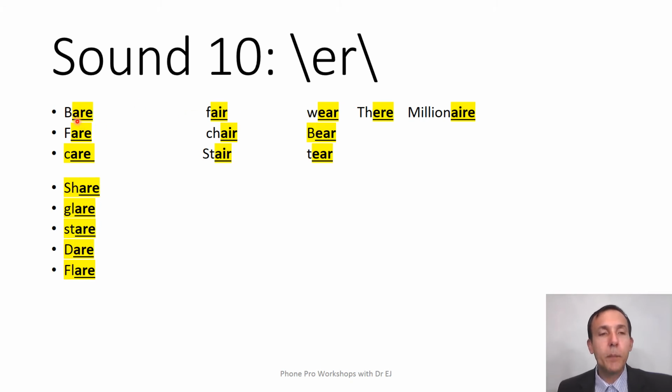Now let me explain something very interesting and, by the way, beautiful. Take a look at the word B-A-R-E and the word B-E-A-R. This I pronounce it bear, and this I pronounce it bear. My question for you is, what is the difference in pronunciation? Think for a moment. Well, I will tell you what the difference is.